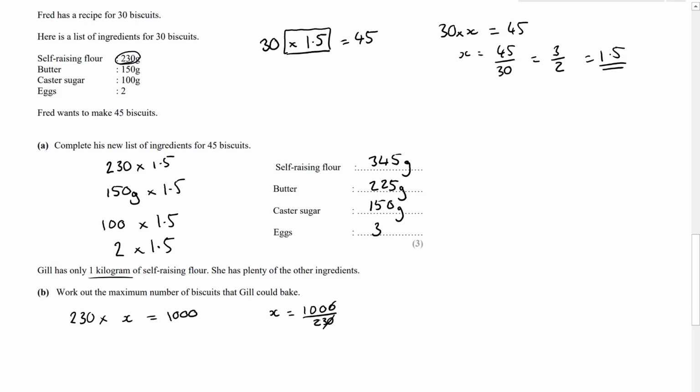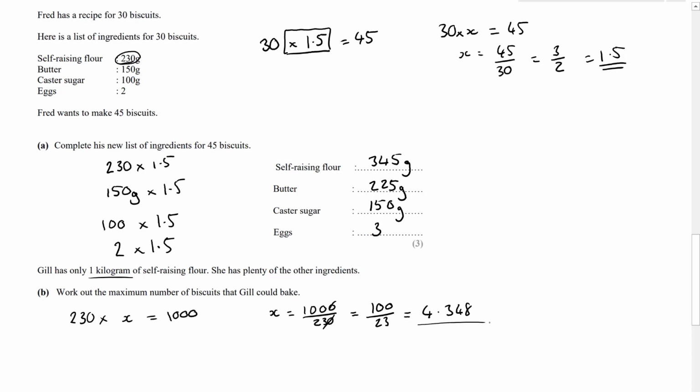And that means that this value of x must be 1,000 divided by 230. Now I could cancel out those final zeros by dividing both top and bottom by 10, and that's going to become 100 divided by 23. Now 100 divided by 23 is not going to give you a whole number. In fact, it's going to give you roughly 4.348 times.